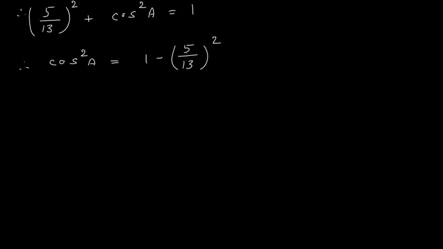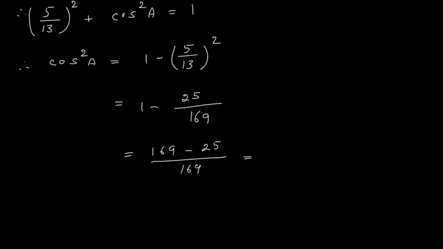Now this is 1 minus 5 5s are 25 and 13 into 13 is, let us check, do you remember? 13 3s are 39, 3, 13 1s are 13 plus 3 is 16, 169. So this is 169 minus 25 whole divided by 169. So 169 minus 25 is 144. So 144 upon 169, this is the value of cos square A.